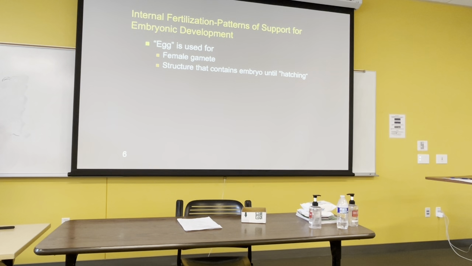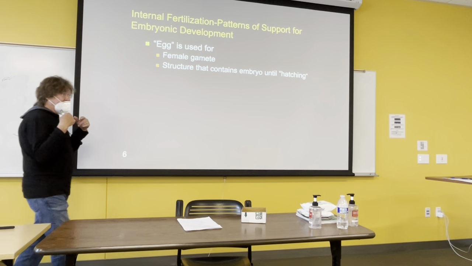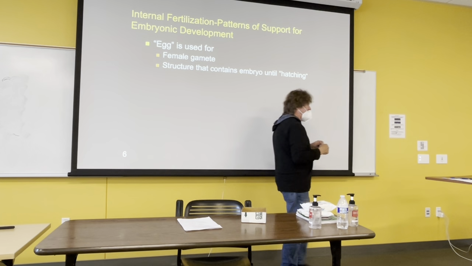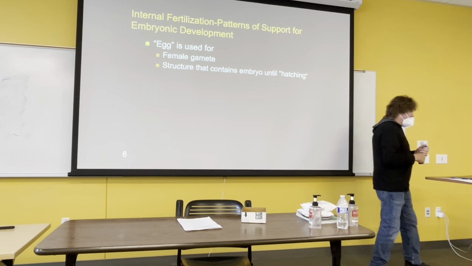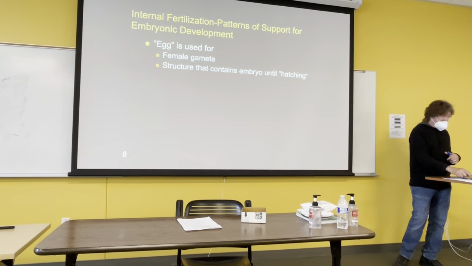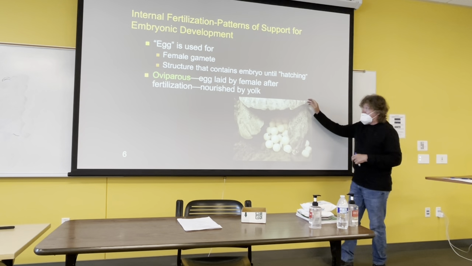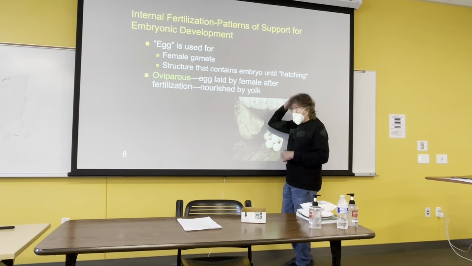And when that zygote starts to divide, becoming a blastula, it is still in that same structure. And so here the egg is a place where the embryo is developing until it reaches a stage that it can hatch out of the egg.